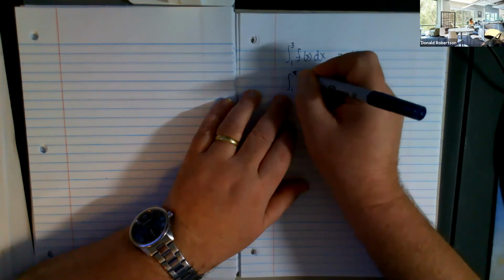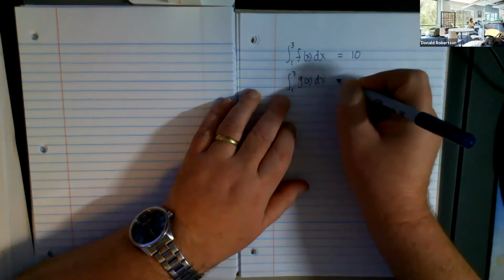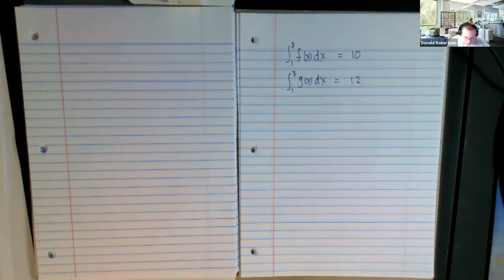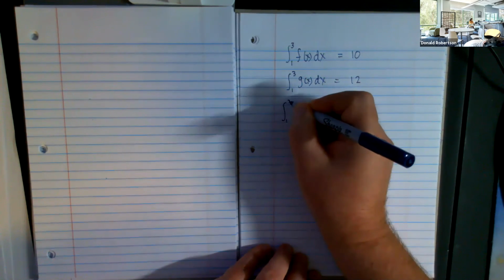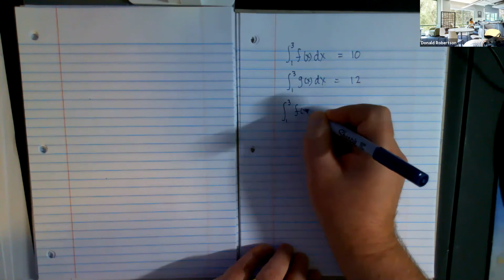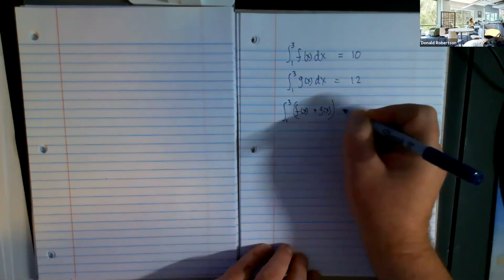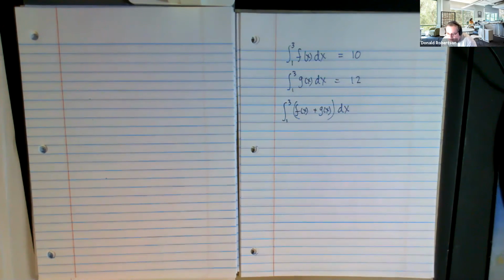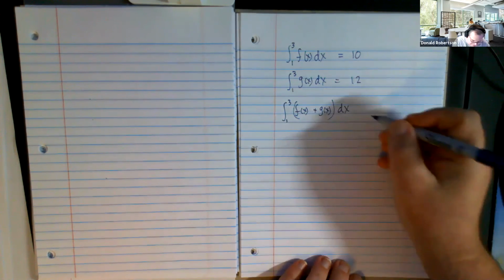And you're told the integral from 1 to 3 of another function called g of x is 12. What do you think, and again, don't overthink it, what do you think the area under the curve of the combined function would be?